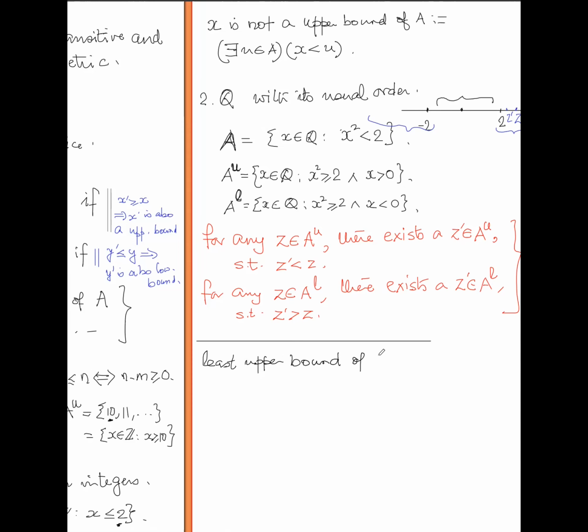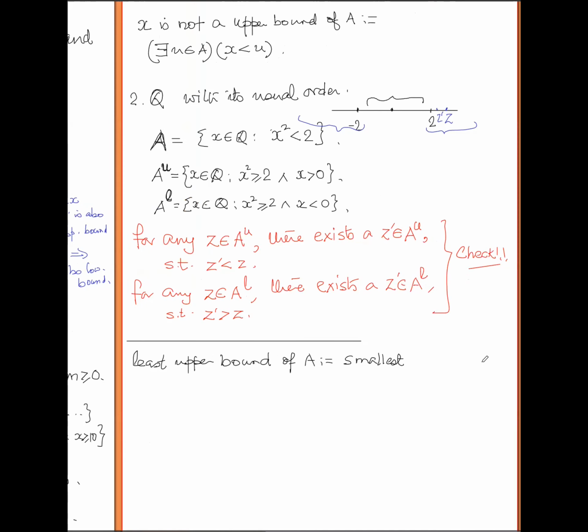So the least upper bound of A is nothing else but the smallest element of it. So what does it mean? It may exist or it may not exist, as we have seen just now. So if it exists, what does it mean? It means that Z naught, if I might say, is a member of AU.